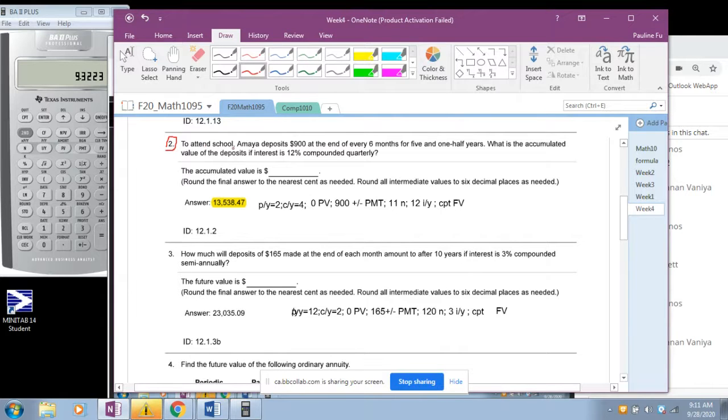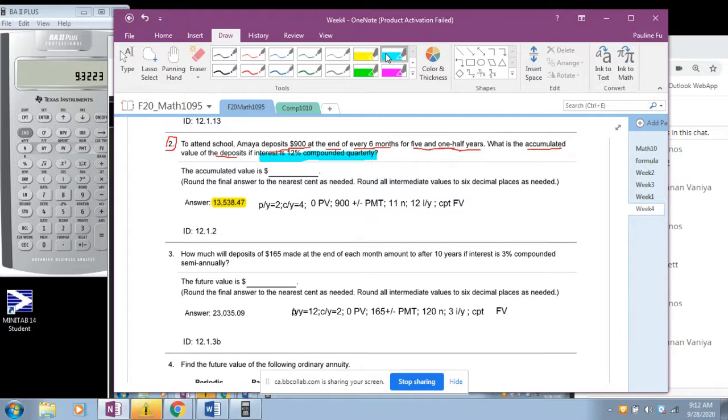To attend school, Amelia deposits 900 at the end of every 6 months for 5.5 years. What is the accumulated value of deposits? The keyword accumulate means future value. If interest is 12% compounded quarterly.